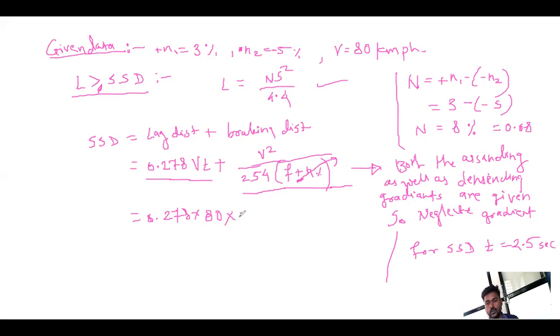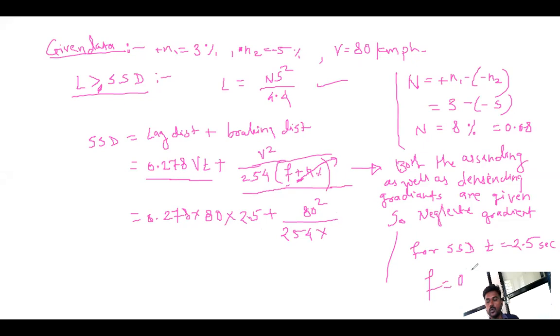So into 2.5, plus V square, that is 80 square, divided by 254 into F. What is the standard value of the coefficient of friction?